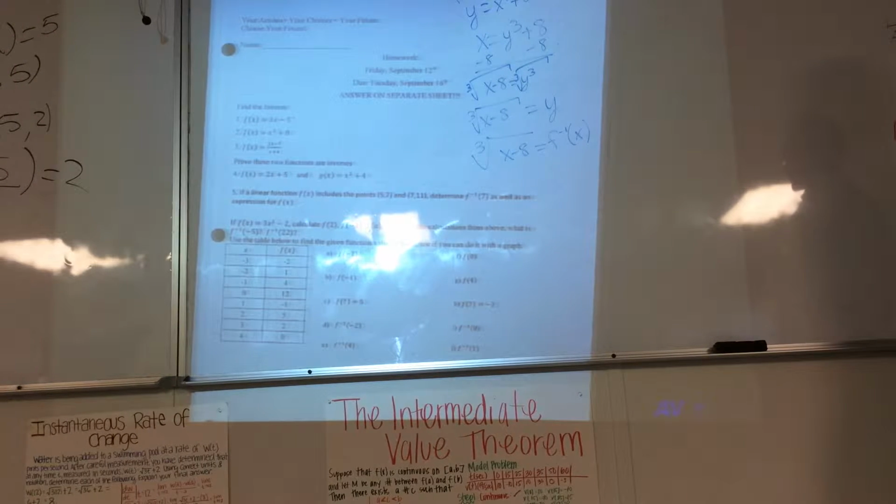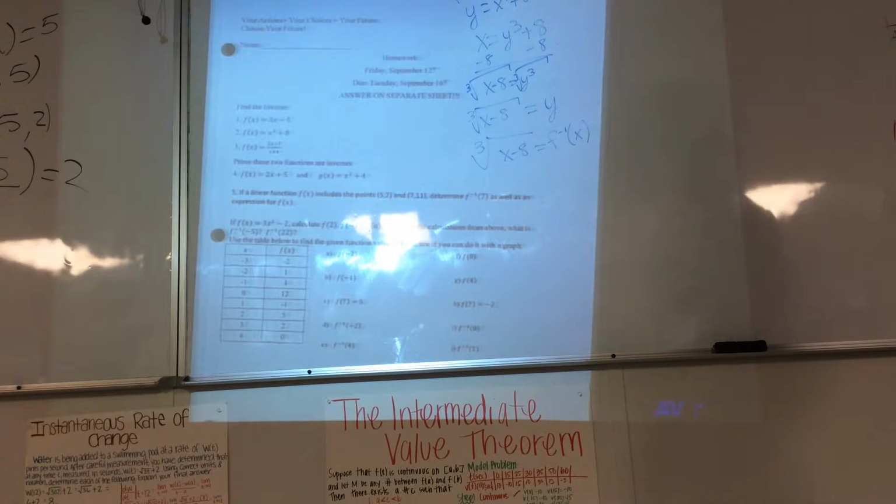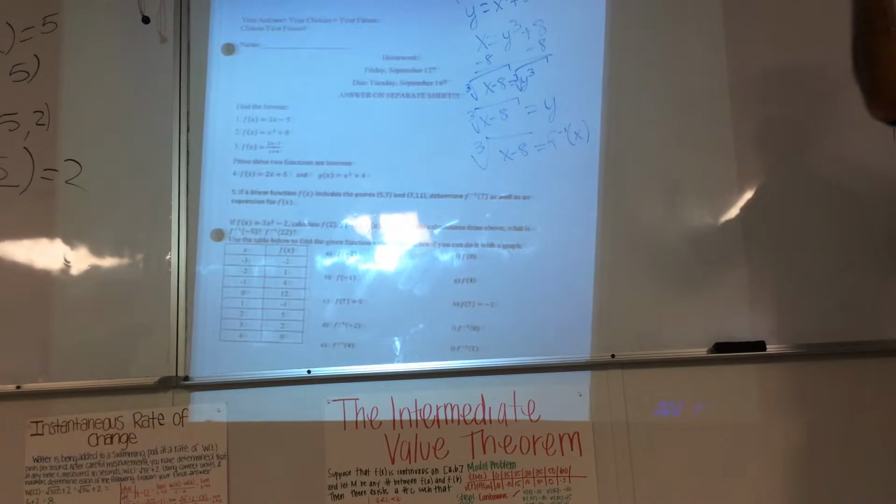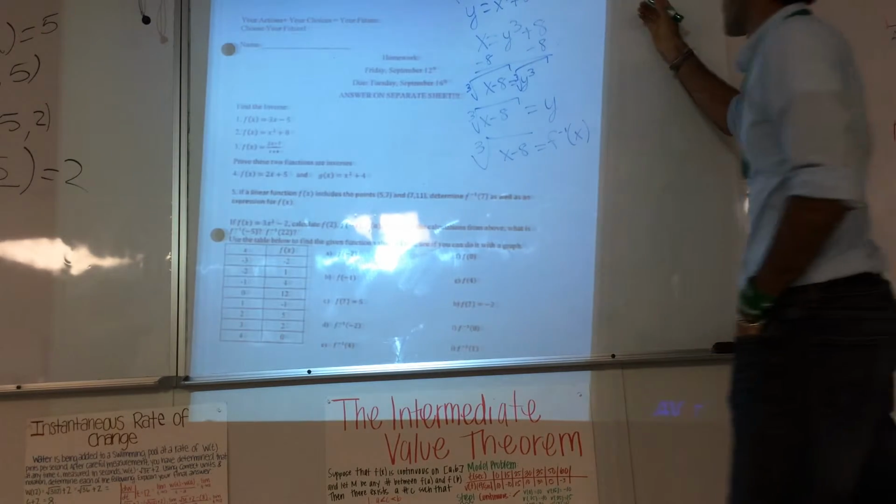But here is the next step. We could give you two functions and ask you, are they inverses? There's a nice way to prove this. Any two functions that are inverses must satisfy this.